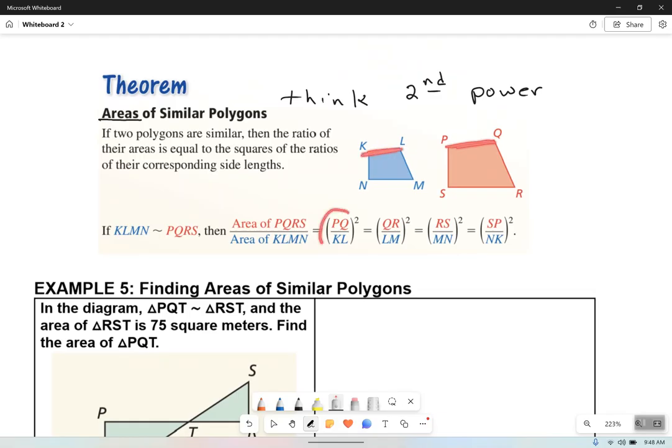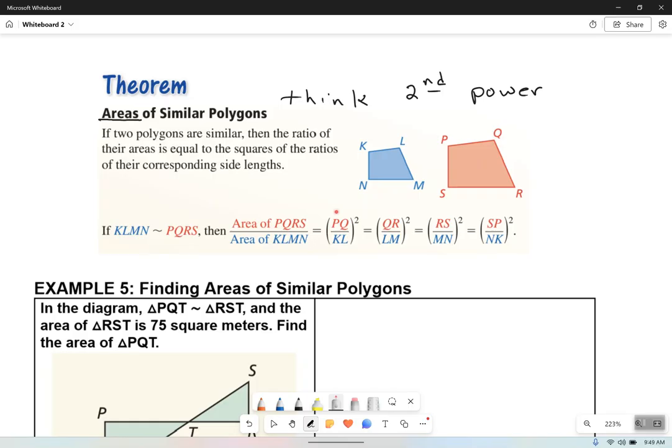Are those two sides corresponding to each other? In other words, are they in the same general position? Absolutely they are. They would say that the area ratio is, well, for an area, what do they have to do to that ratio of PQ to KL? They have to take it to what power? Second power. Okay, so anytime you see area, I want you to think what power. And all these ratios would equal the side ratio to the second power.